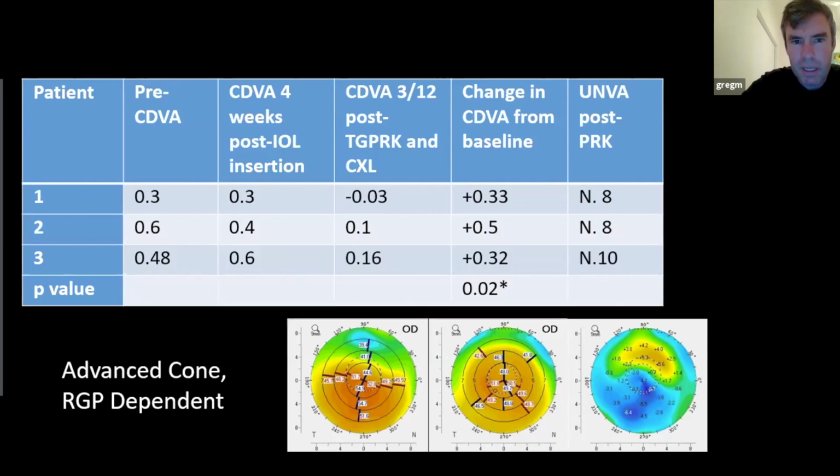Our strategy was to use the IC8 to reduce the refractive error, and then as a second stage perform topography guided PRK and collagen cross-linking to normalise the corneal profile. You can see in the bottom right a patient's Pentacam pre, post, and the difference map that the topography guided software can provide.